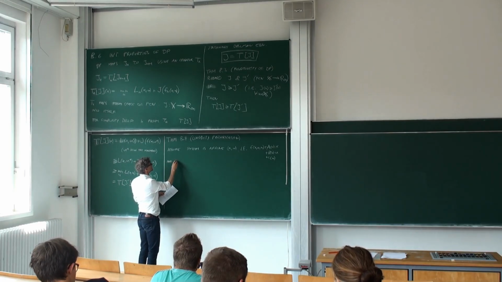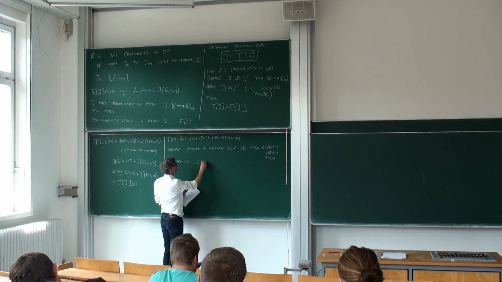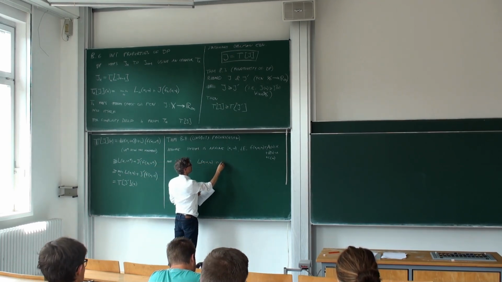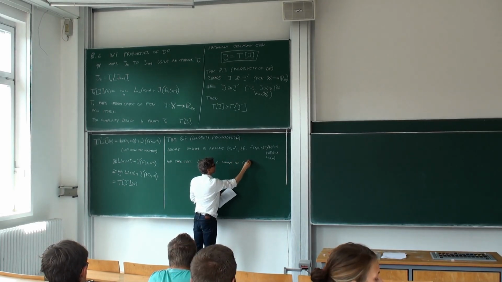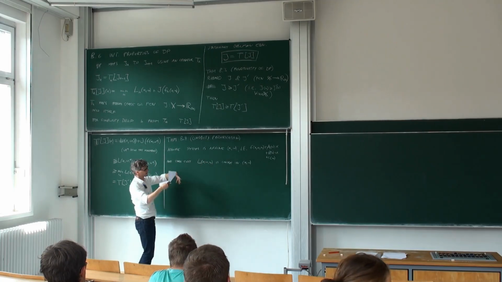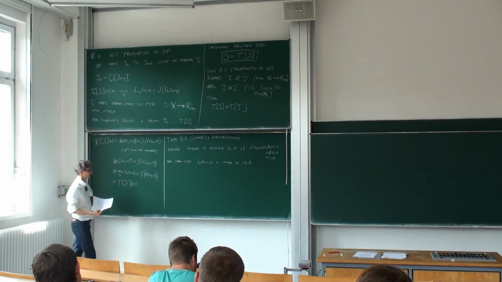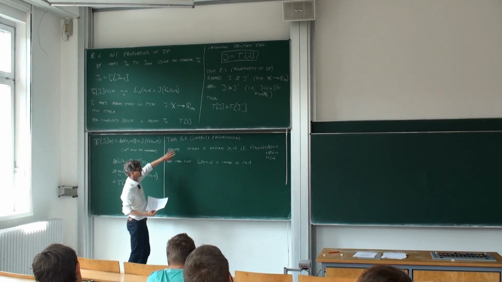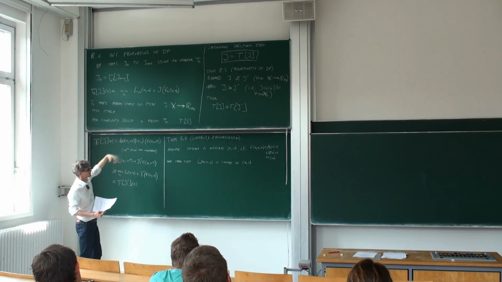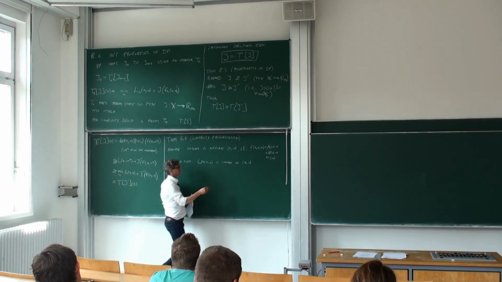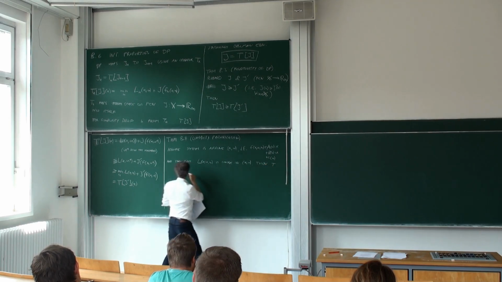And the stage cost L of x, u, w is convex in x and u. So if you don't have uncertainty, for example, these quadratic stage costs would be convex functions if we have positive semi-definite matrices. The f and the L together define the operator T, right? Then T preserves convexity.